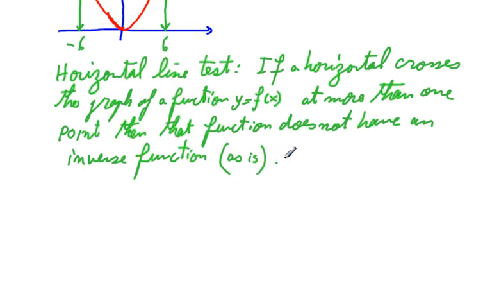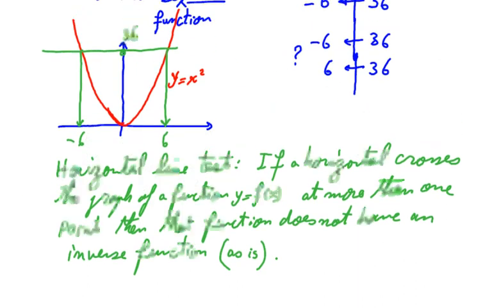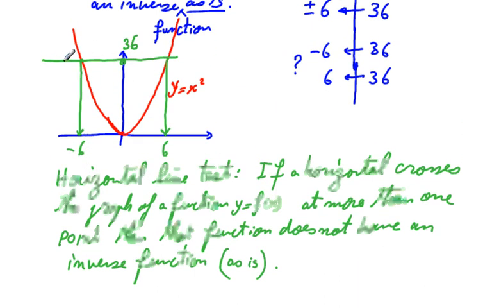Now, we don't want to throw the baby out with the bathwater and say, okay, no, let's just go home, this can't be done. We want to find a solution. What do you do? Well, if a horizontal line is crossing the graph more than once, do a little surgery on your graph. Remove some portions so that whatever is left will function for you.